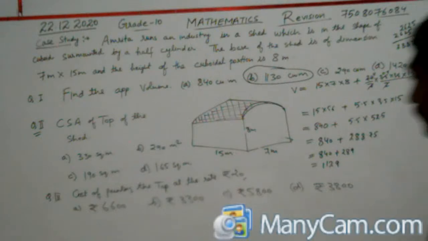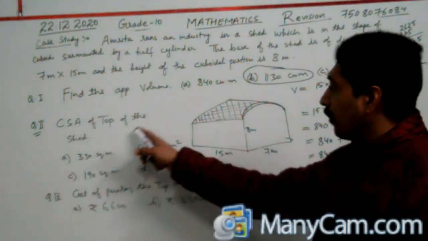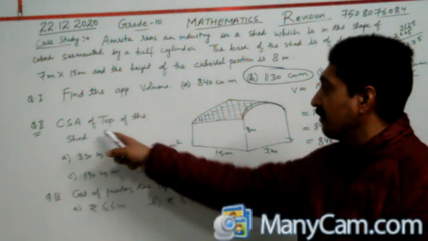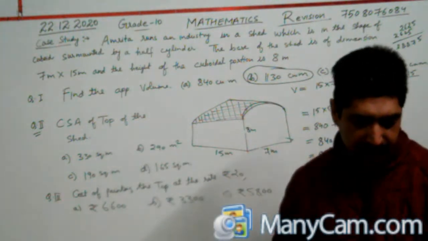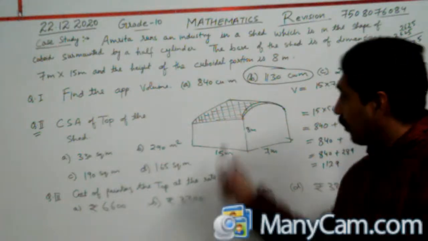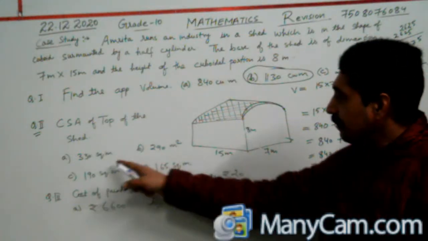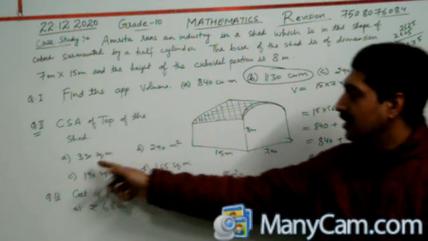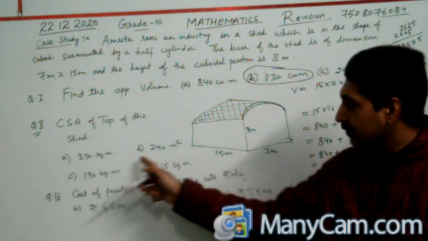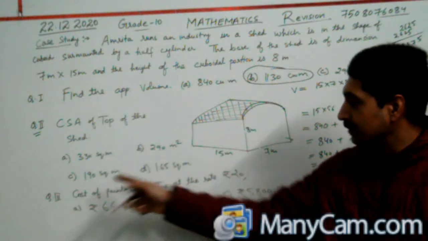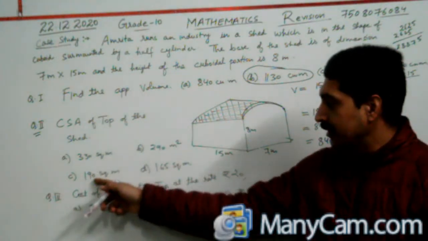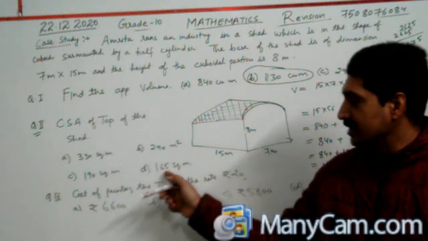In second, calculate the curved surface area of the top of the shed. In the second part, we have the options 330 square meter, 290 square meter, 190 square meter, and 165 square meter.